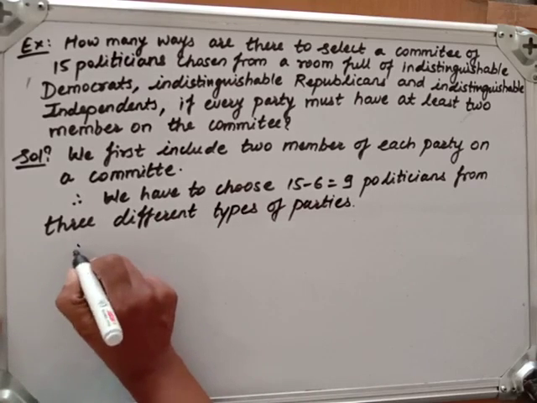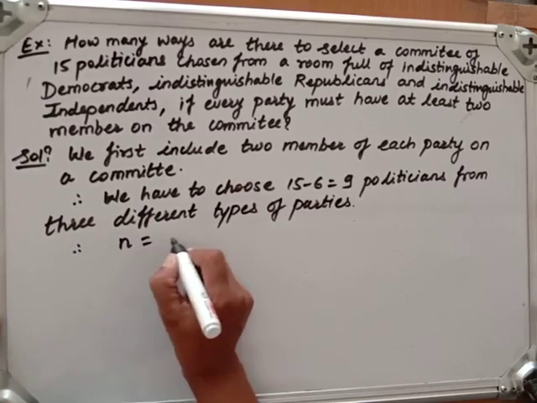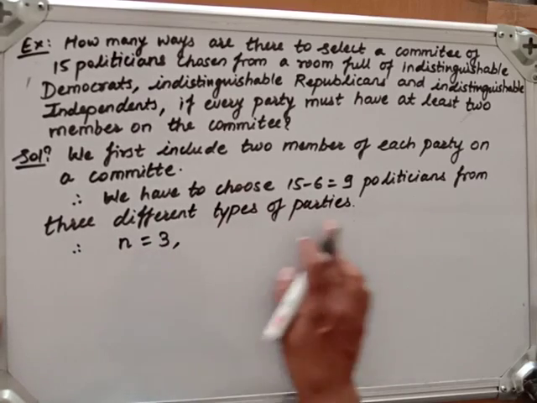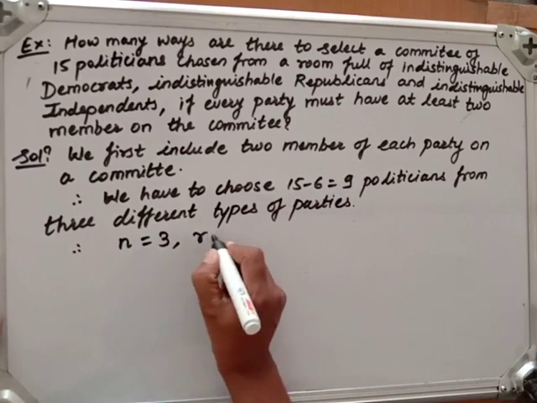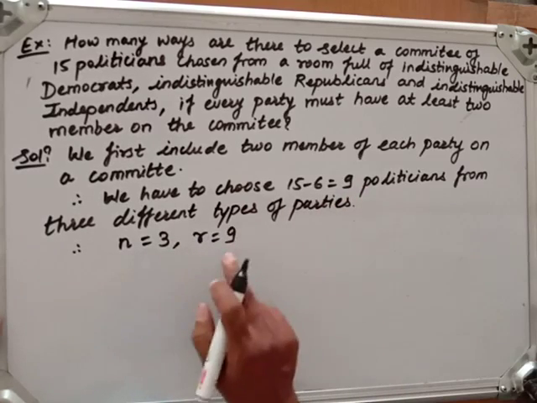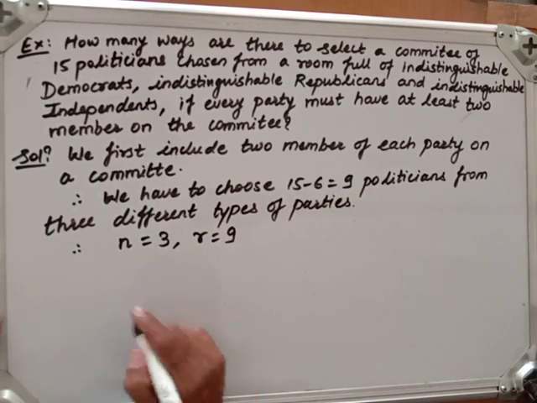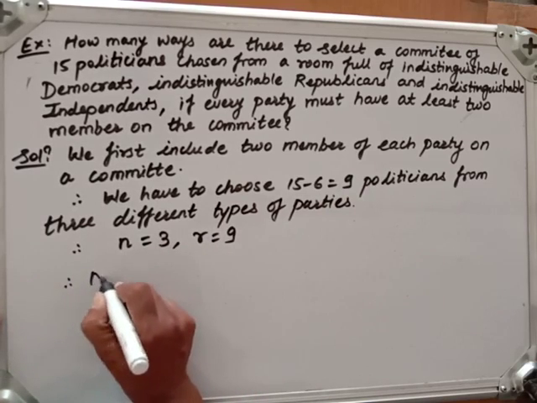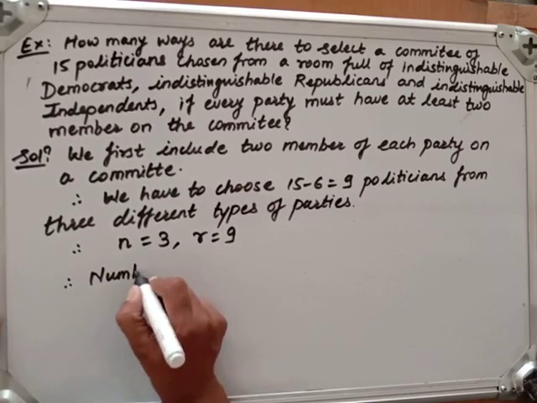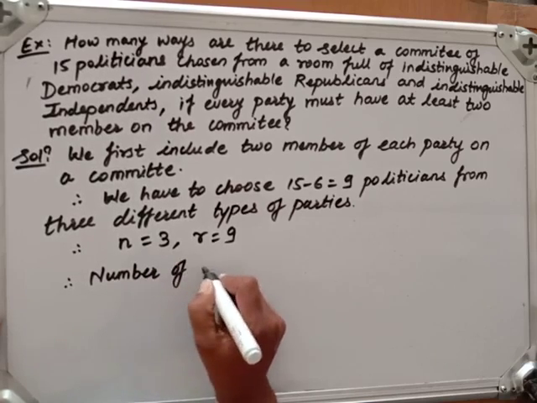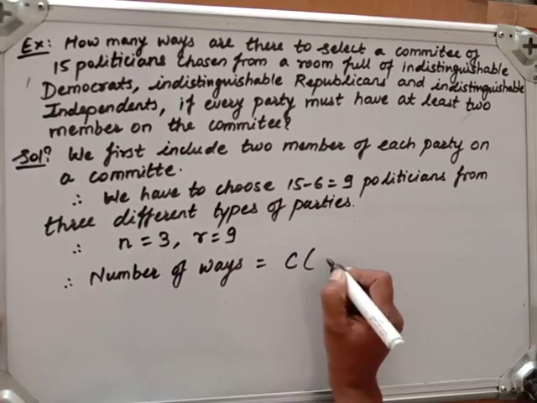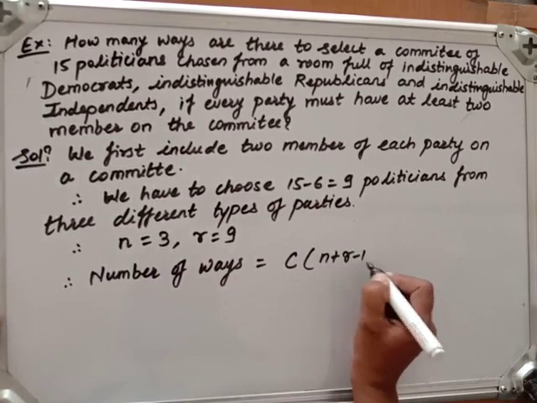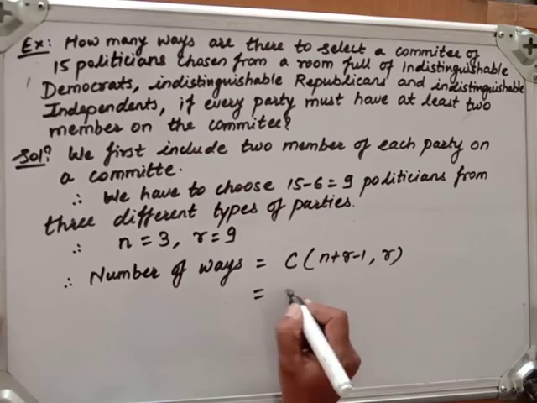So therefore here n is equal to 3, as 3 different parties are there. And 9 will be our r, since 9 selections we have to do. Therefore, as the repetition is allowed, the number of ways of such a selection is C(n plus r minus 1, r).